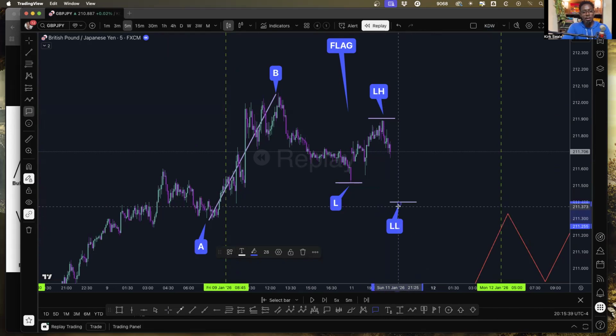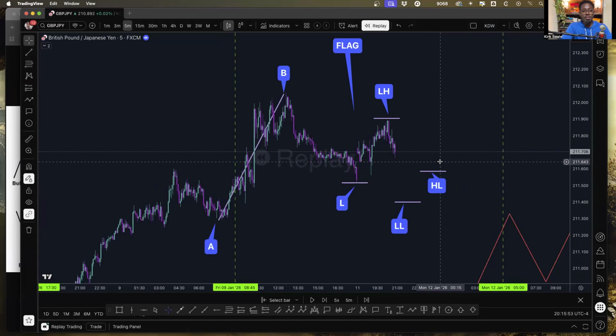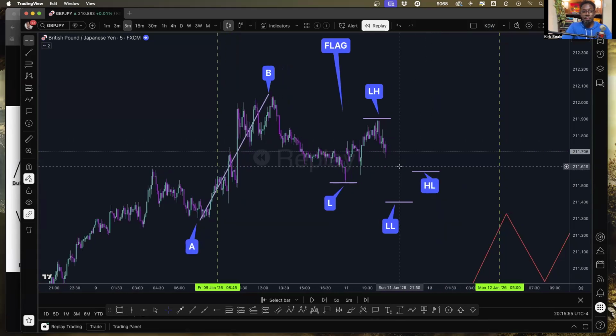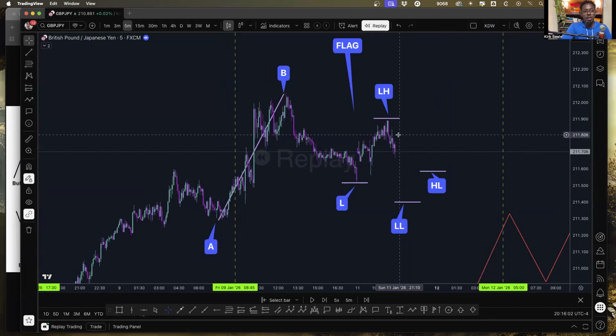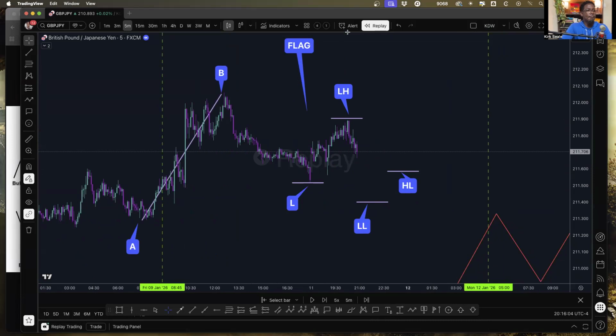We're either going to get a lower low or price is going to give us a higher low. Okay. We're just waiting to see which one we get. If we get a lower low, then we know that we don't have that first indication. We don't have that first indicator. Let's keep going.